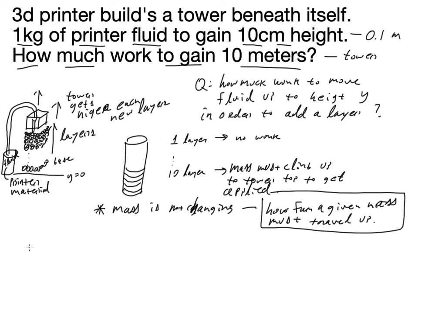Okay, and then the related question, of course, is how much additional growth do you get for every kilogram? So note, if 10 centimeters of height is bought by 1 kilogram of printer material, then that means that 10 kilograms of printer fluid or material gets 1 meter of height.